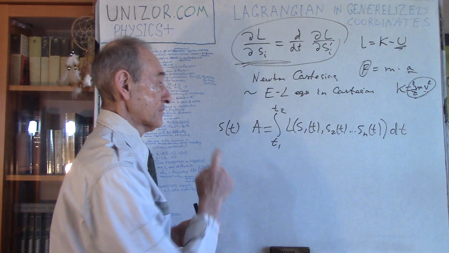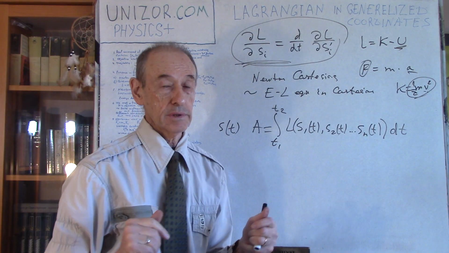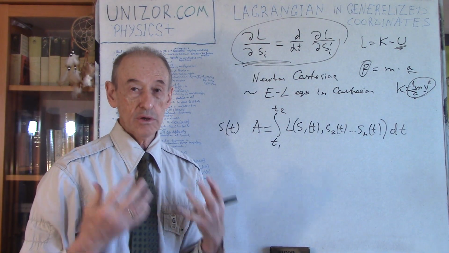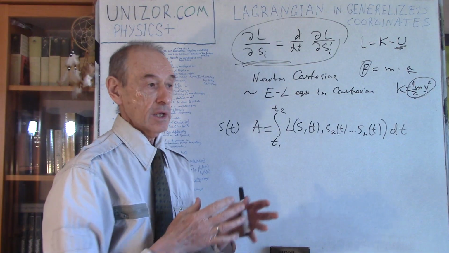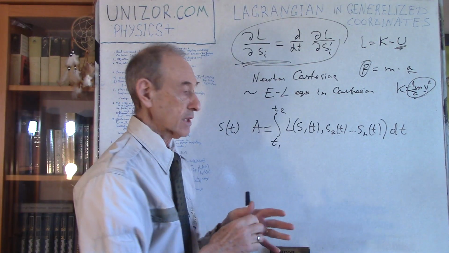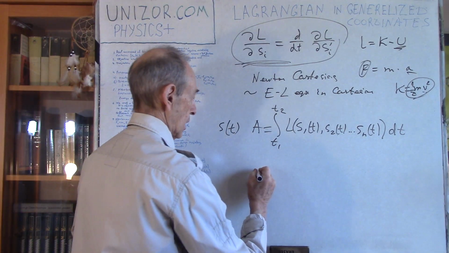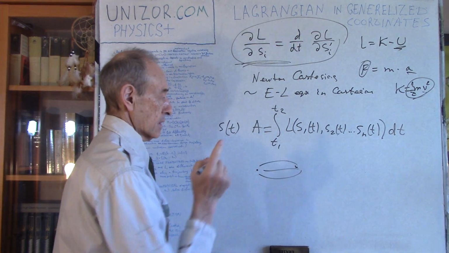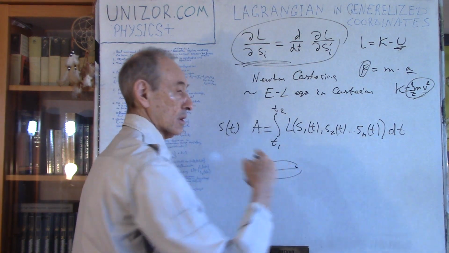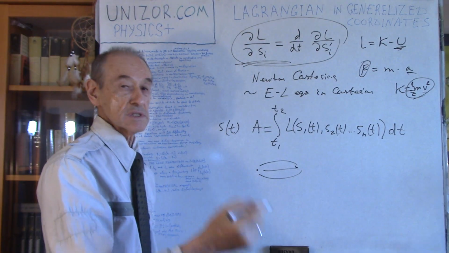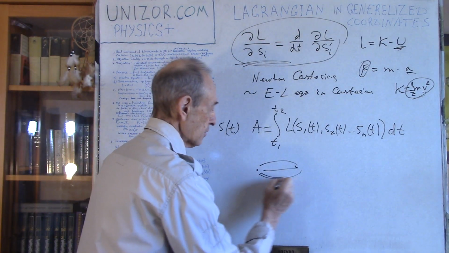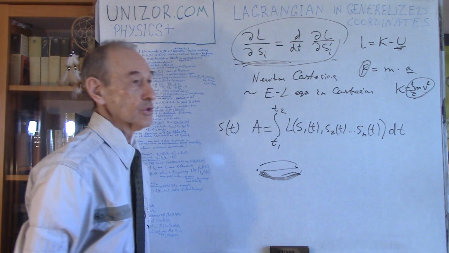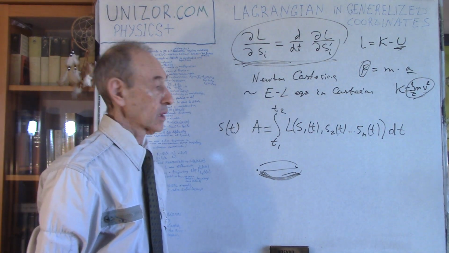Now, if the integral of this functional is related basically only to reality, then among all the different trajectories between 2 points, the real trajectory along which the system is moving is the one which is a solution to this equation.